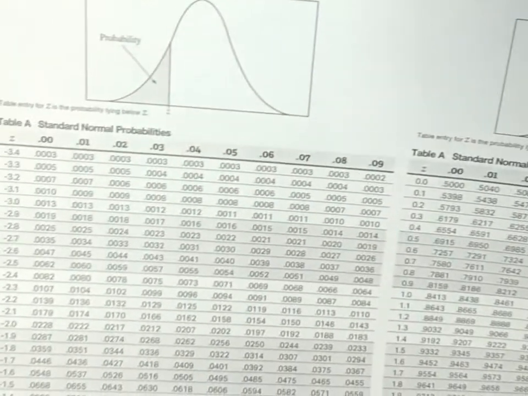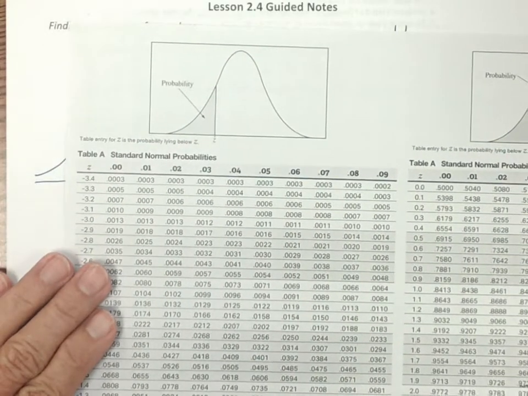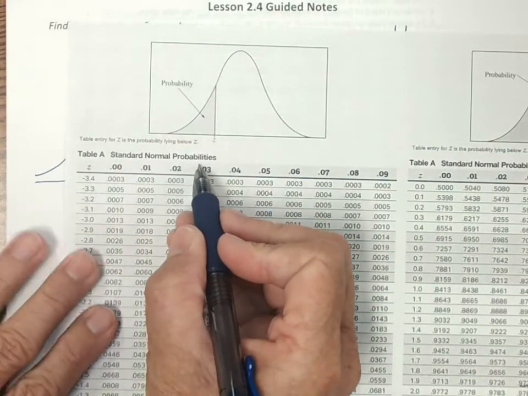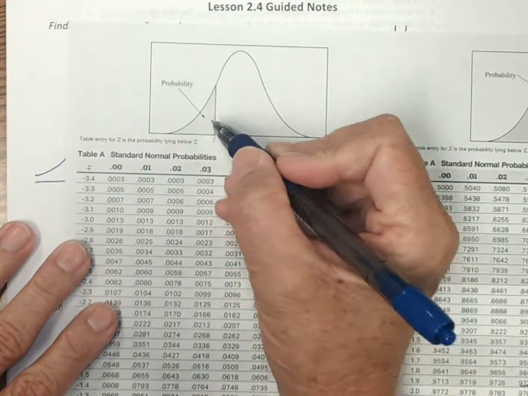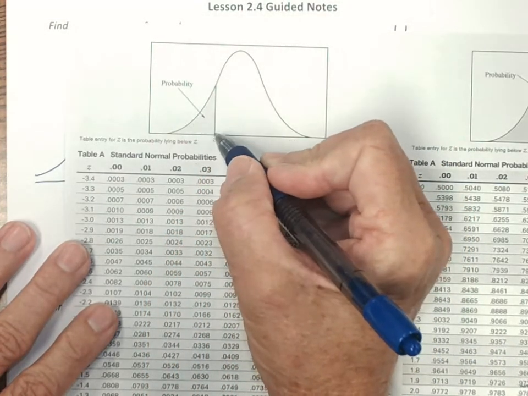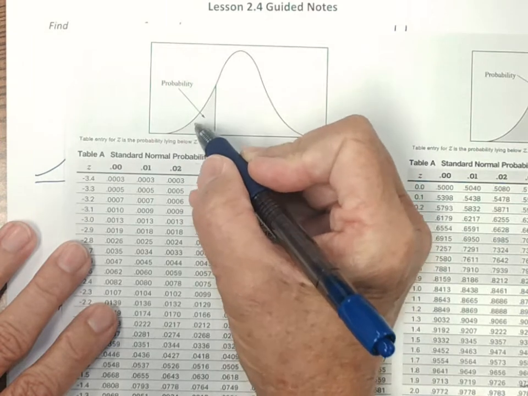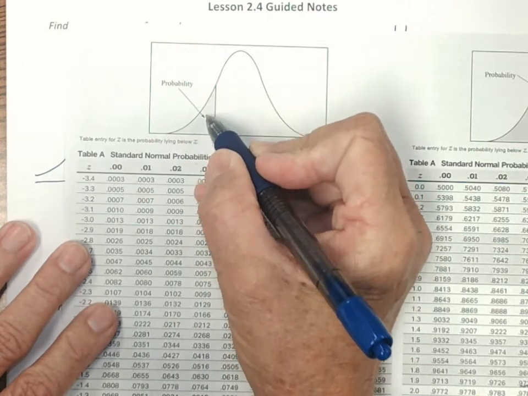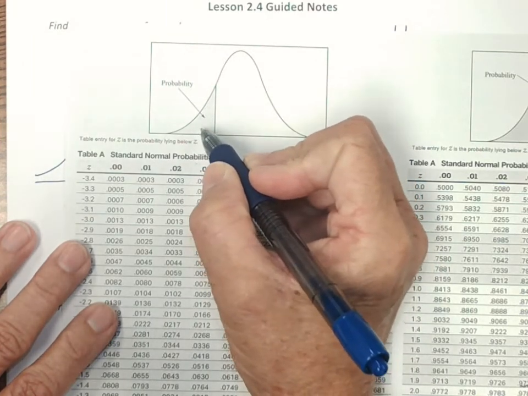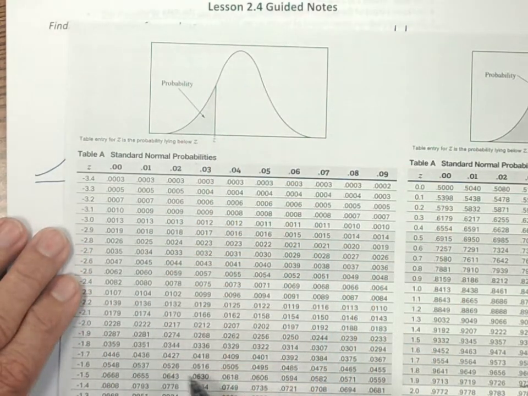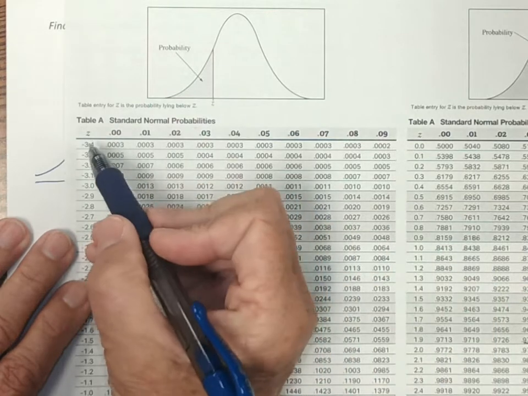Okay, so the way we use this table, this is table A, standard normal probabilities. This table will always give you the percentile, and it's going to show the probability of finding this area that's under here. So all these values in here are probabilities. This is your z-score.